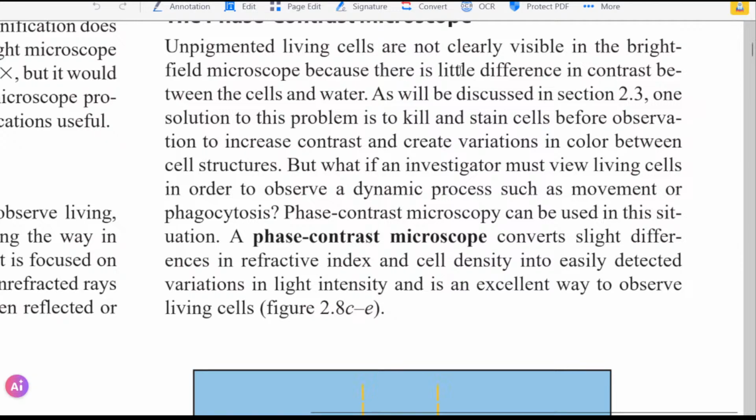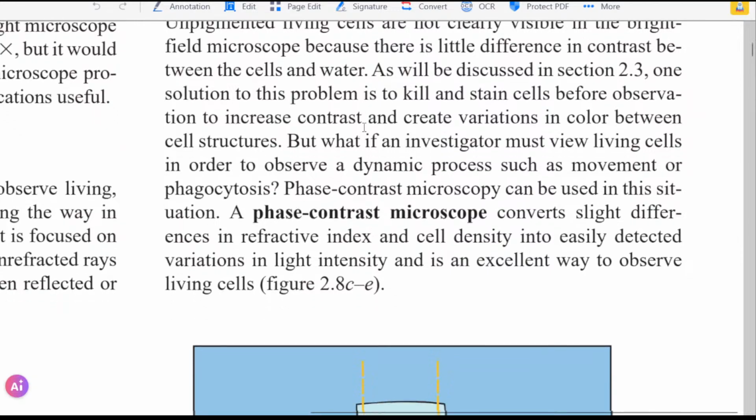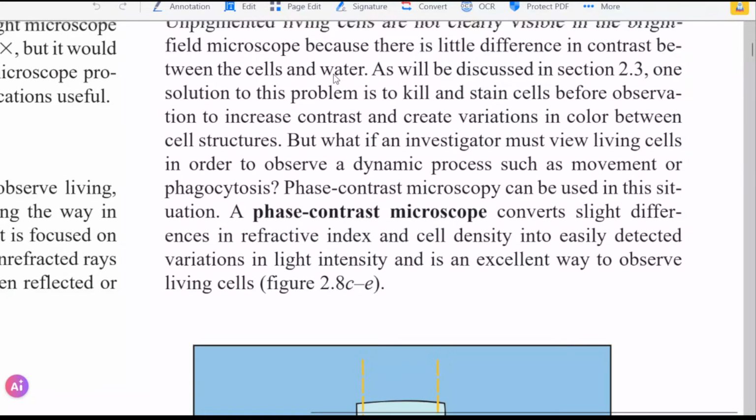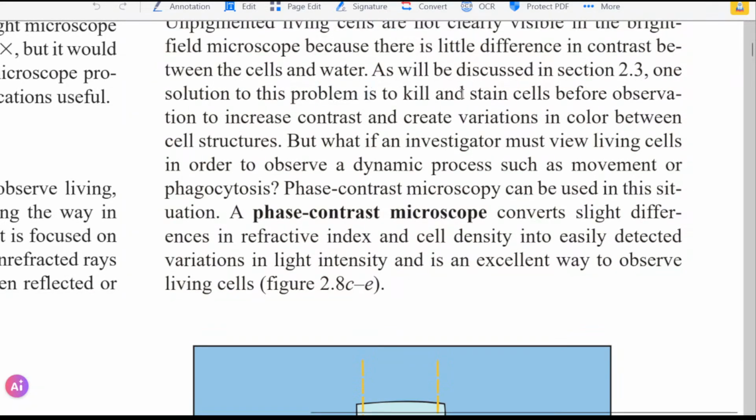So they are saying that in this type of microscopy we kill the cells and we stain them, we color the cells for observation to increase the contrast and create variation in the color between cell structures. So basically it's just your typical type of microscope where we stain cells and then study them under the microscope, just like we used to do in our lower classes, right?